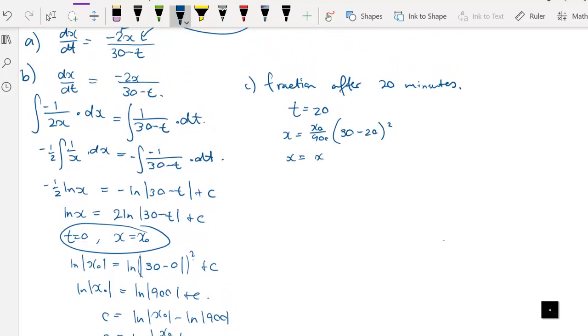Now we've got x0/900 multiplied by 10 squared, which is 100. So x is equal to x0/9. And the fraction remaining will be x0/9 over the original, which is x0. And so we're left with a fraction of 1/9.